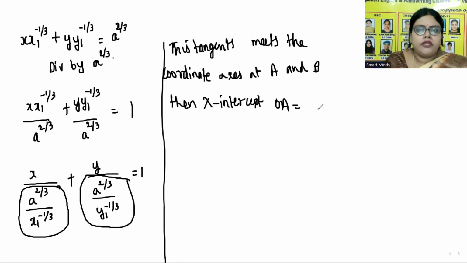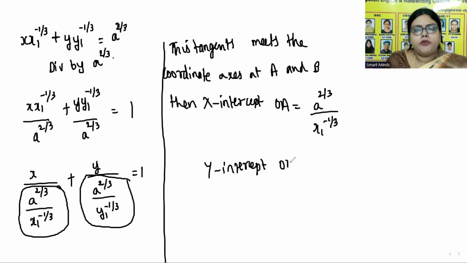So what is OA? A power 2 by 3 by x1 power minus 1 by 3. And what is y-intercept? Y-intercept OB is a power 2 by 3 by y1 power minus 1 by 3.